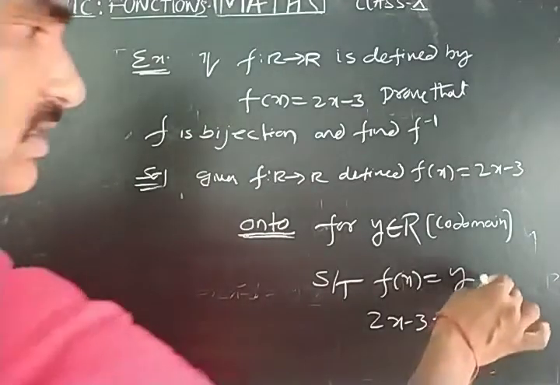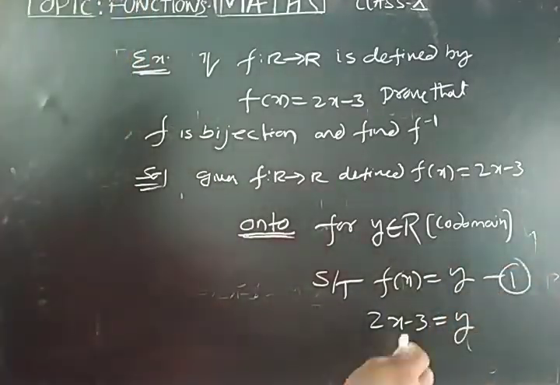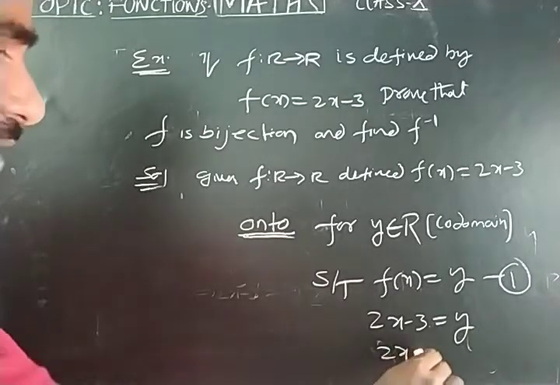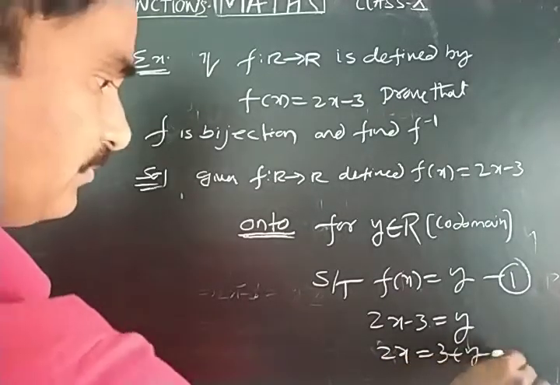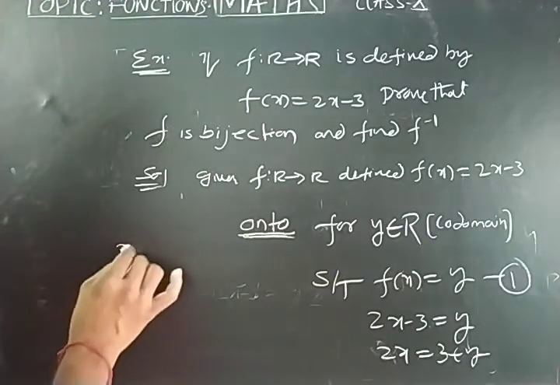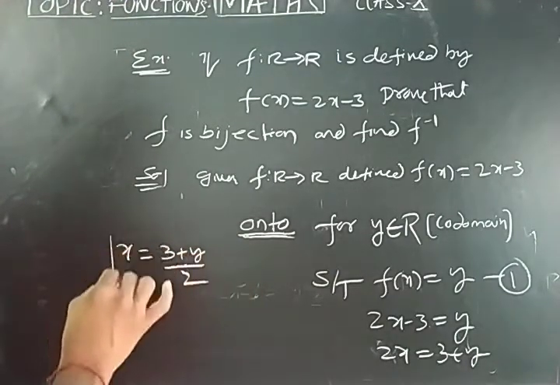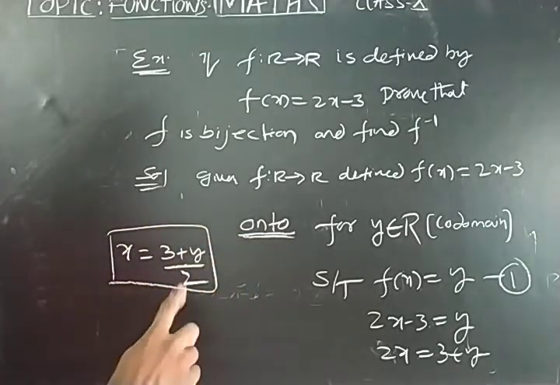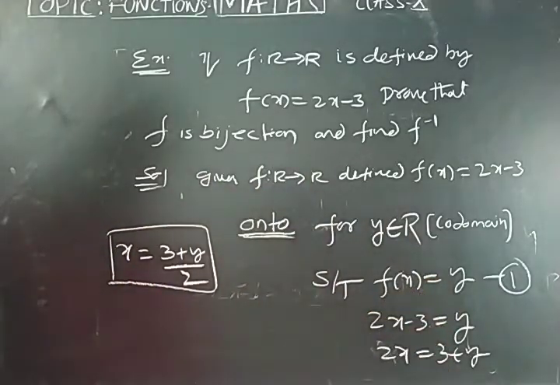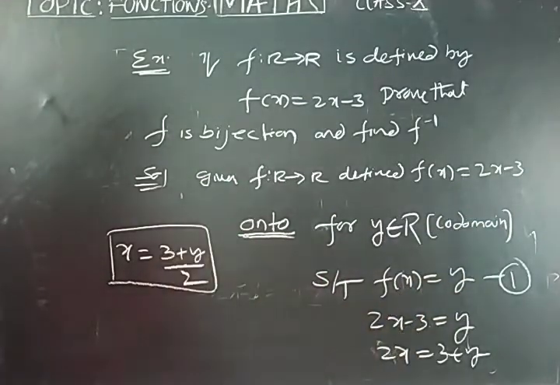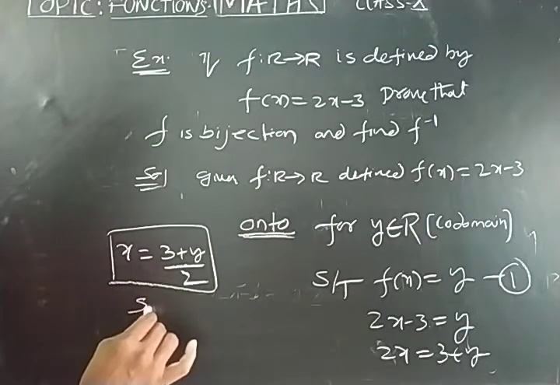Say this is equation 1. From this you get the x value: x equals (3 plus y) by 2. After getting the x value, you substitute it in this definition, and you should get y. Then only the pre-image exists. Now I am substituting.